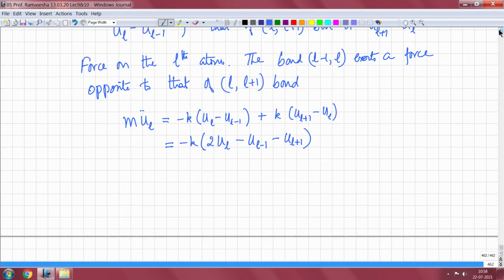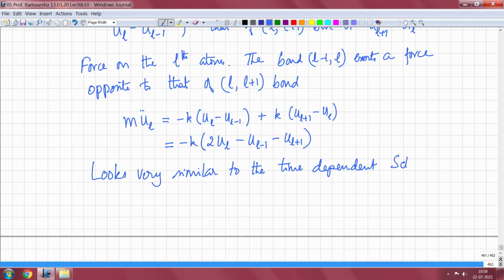Even this looks very similar to the time dependent Schrodinger equation for the hydrogen atom chain.